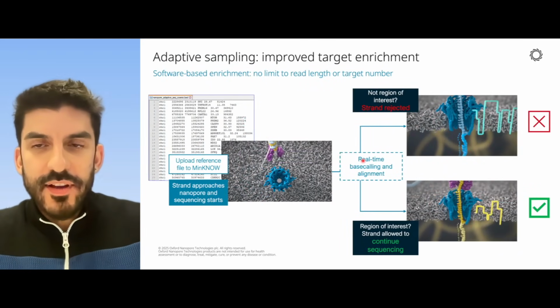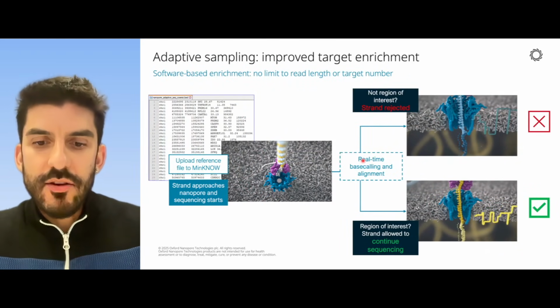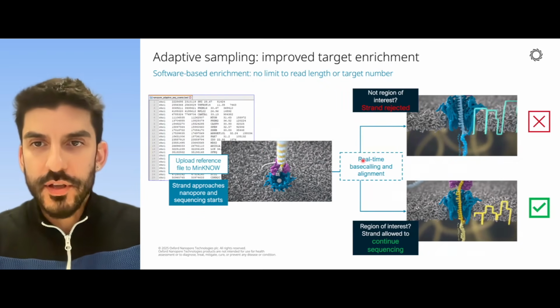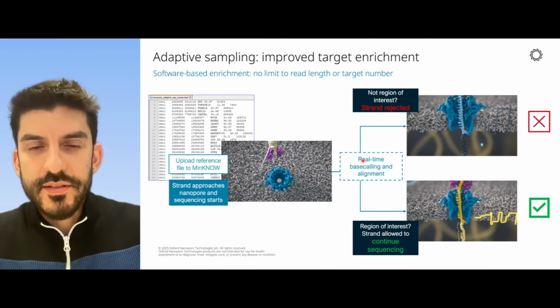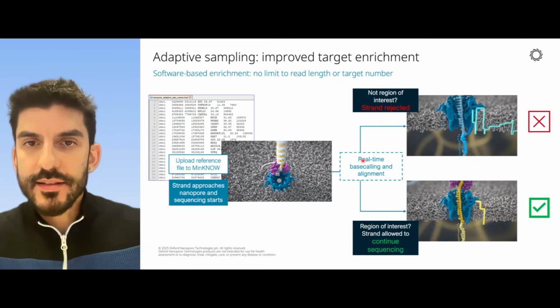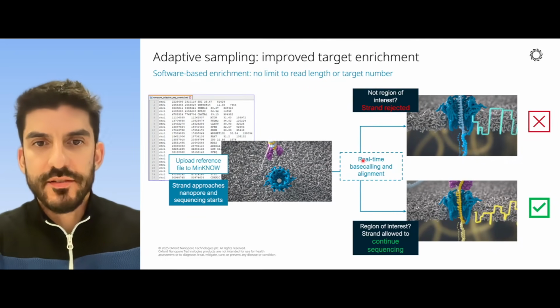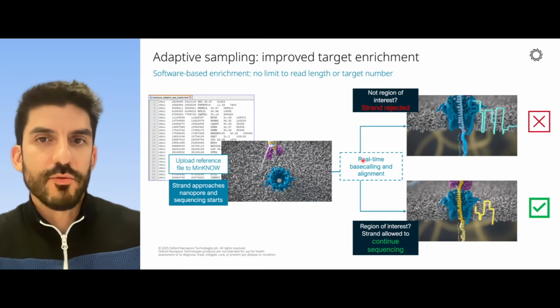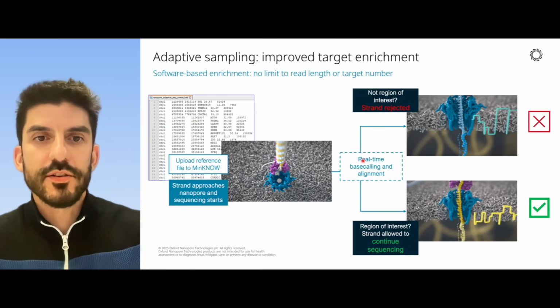Adaptive sampling takes advantage of this because this allows us to read the strand as it is going through the pore in real time. With this, we can take the signal from this particular strand, base call it, align it to a reference, and make a decision of whether we want this strand or not.